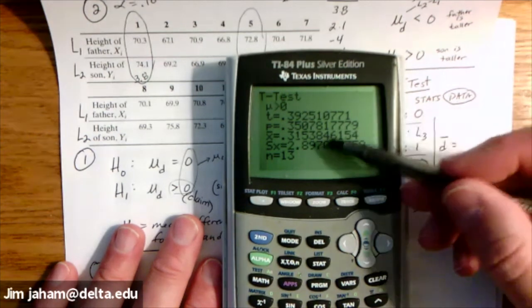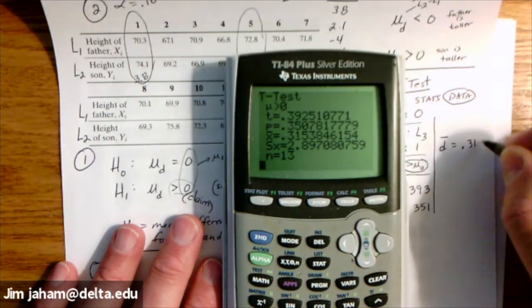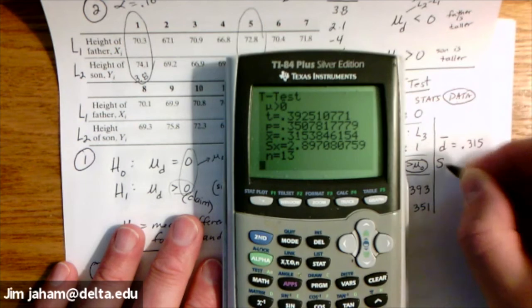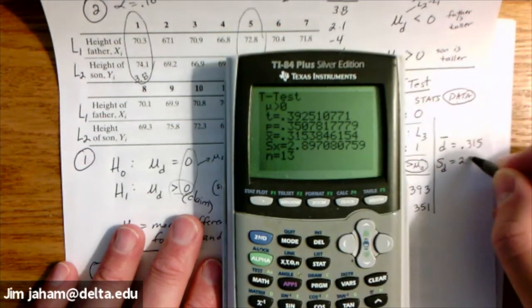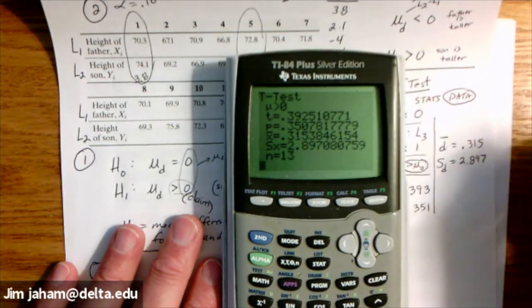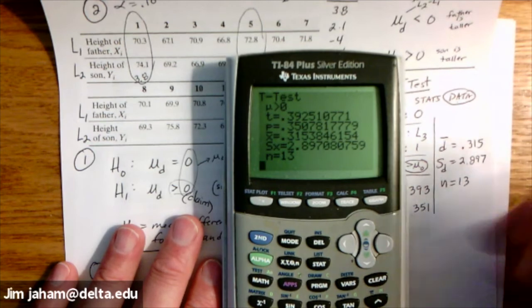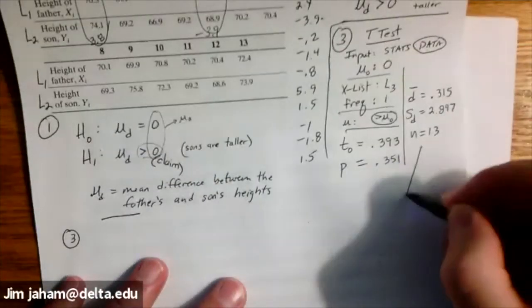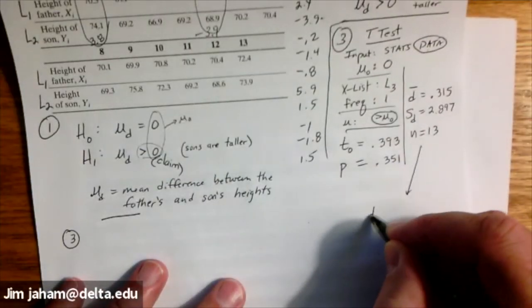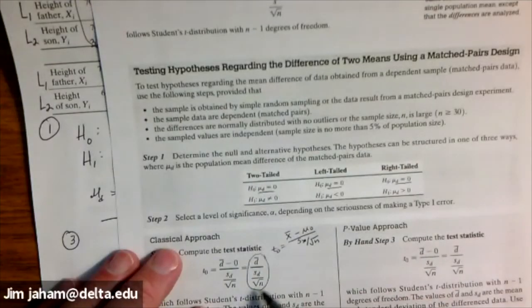The mean of the differences is 0.315. The standard deviation of the differences is 2.897. And then we have n is equal to 13. You could convince yourself by plugging into the formula this stuff in here.